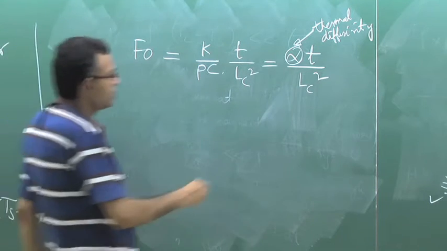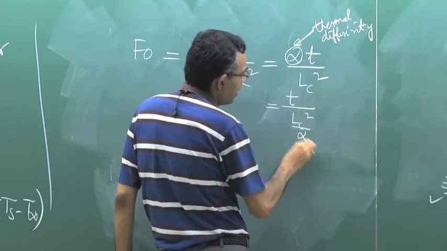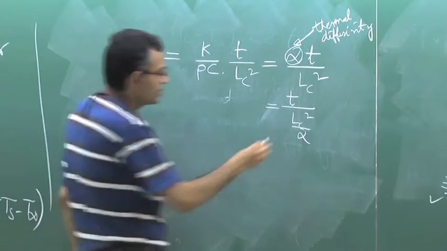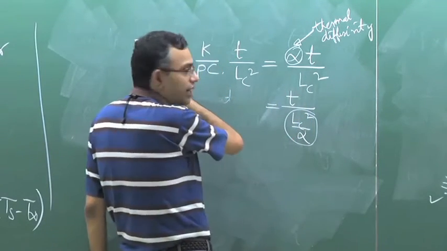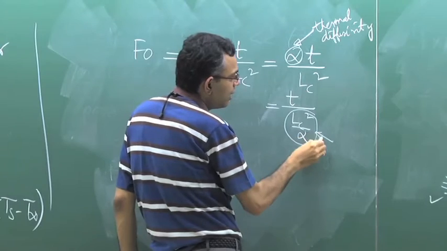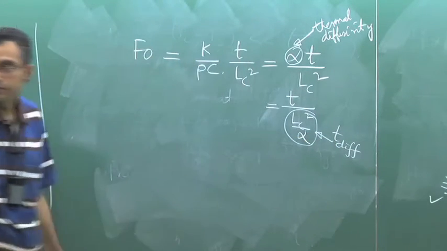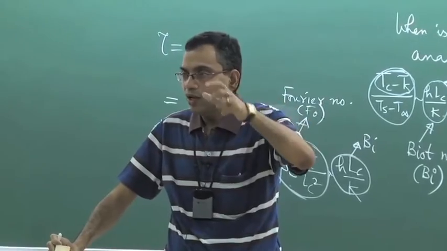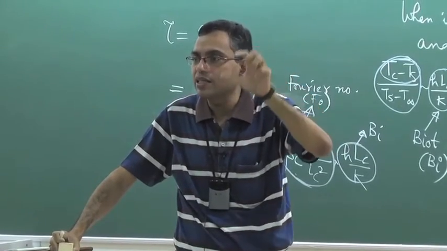So this can be written as T by LC square by alpha. What is this? If this is a unit of time, this is a non-dimensional number, this is also a unit of time. This is called the diffusion time. Diffusion time is the time over which heat diffuses over a given length. So the time over which heat diffuses by a length LC is LC square by alpha.